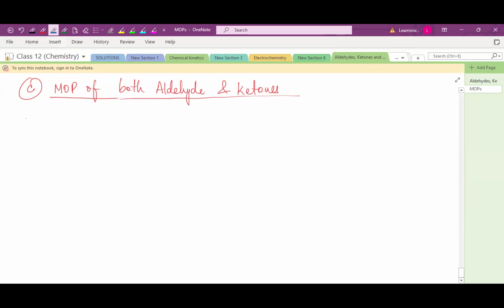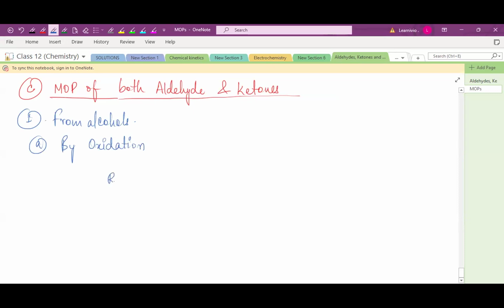Now first method is from alcohols. Okay, by oxidation of alcohols, we can prepare aldehyde or ketone.